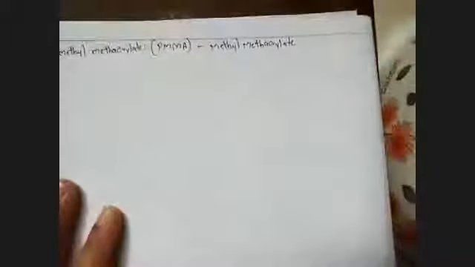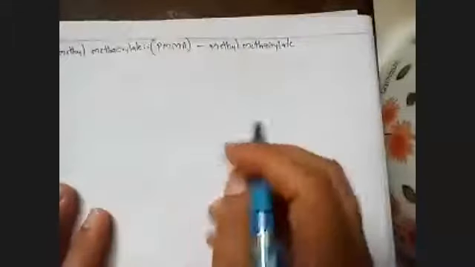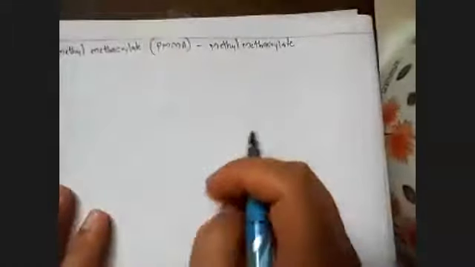Polymethyl methacrylate is obtained from the monomeric unit methyl methacrylate. And this is a hard structure as usual, and it is used for the making of lenses.